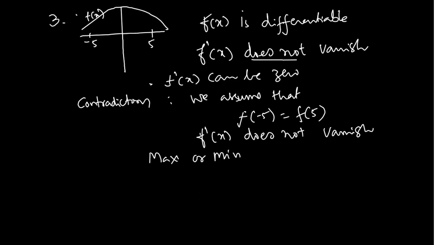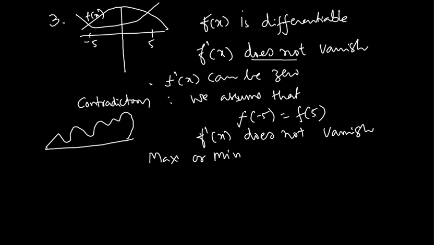So how are we proving here? We are just going ahead and saying we assume that f of minus 5 equal to f of 5. As per Rolle's theorem, if f of minus 5 equal to f of 5, then you may have f dash c equal to 0. This is Rolle's theorem. The other one is the mean value theorem. What does the mean value theorem say?